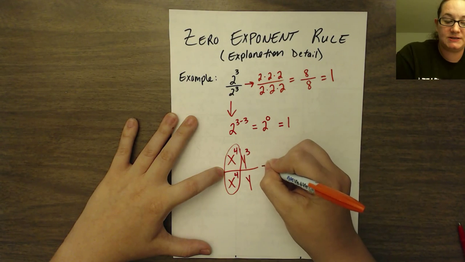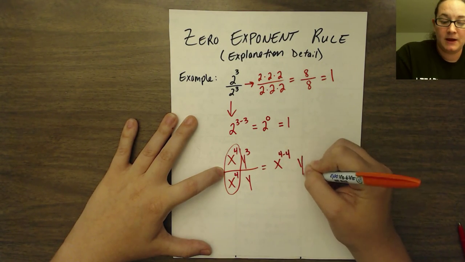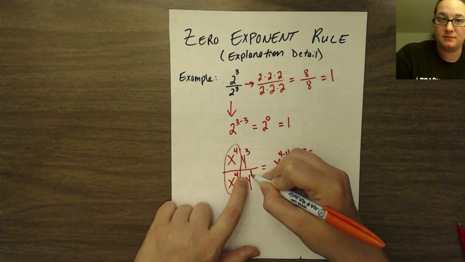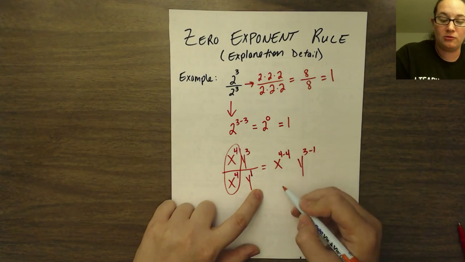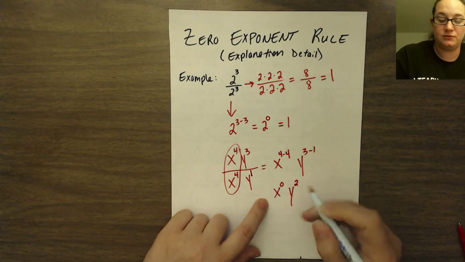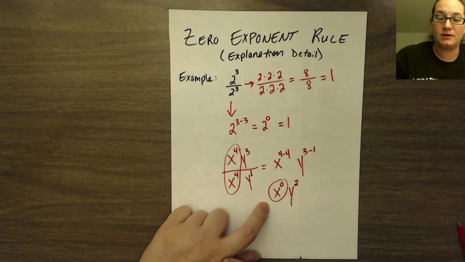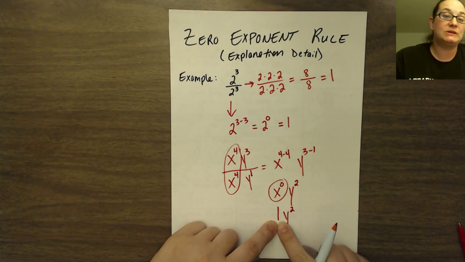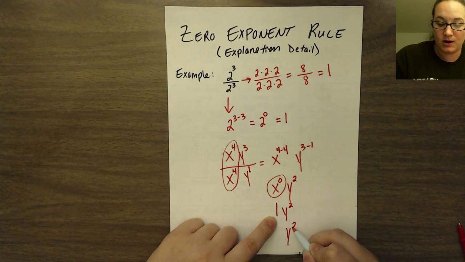I can also just say that I have x to the 4 minus 4 and y to the 3 minus 1, because there's always going to be a 1 there. And 4 minus 4 is 0. 3 minus 1 is 2. And anything to the 0 power is going to give me 1. And we're lazy in math, so we don't always like to write a 1 if we don't need to, so the answer would just be y squared.